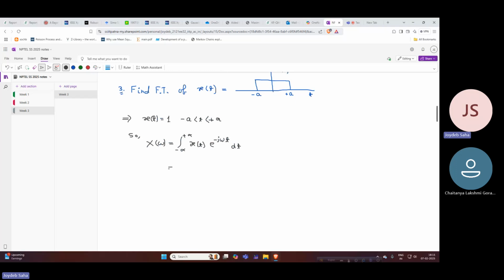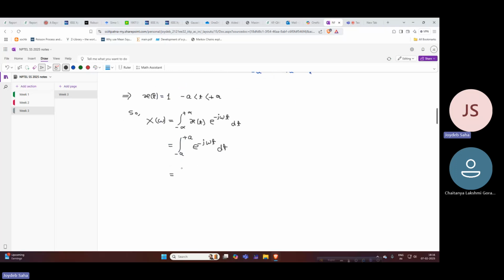So can we write it like this, the integral from minus a to plus a of e to the power minus j omega t dt, is equal to, it is simple integration, e to the power minus j omega t divided by minus j omega, and t's value is minus a to plus a.